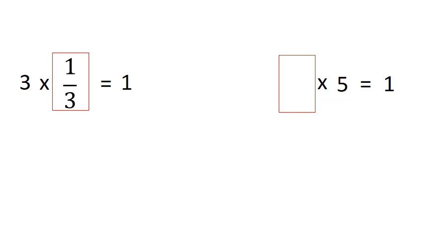Again the answer is 1 by 5. Here 1 by 3 and 3 cancel, and we get 1; 5 and 5 cancel, and we get 1. So 1 by 3 and 1 by 5 are called the reciprocals of the respective numbers. When you multiply a number and its reciprocal, we get the answer 1.